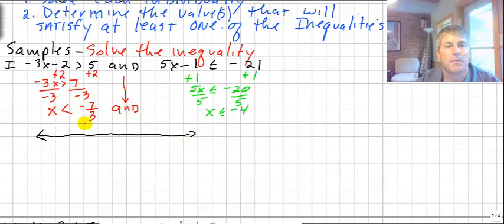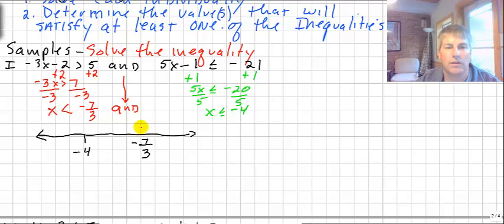My important points here are negative 7/3 and negative 4. So let's put those on the graph. We'll put negative 4 here. We'll put negative 7/3 there. So I want all the x's that are less than negative 7/3.